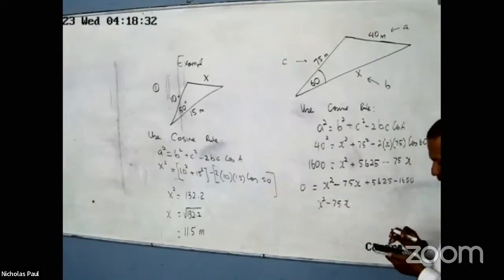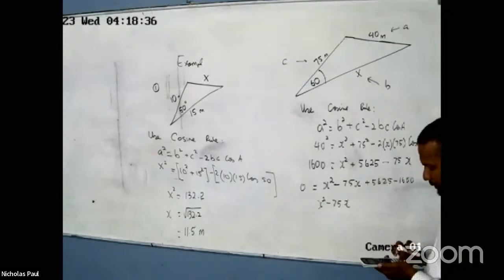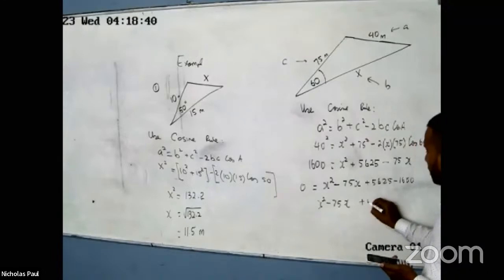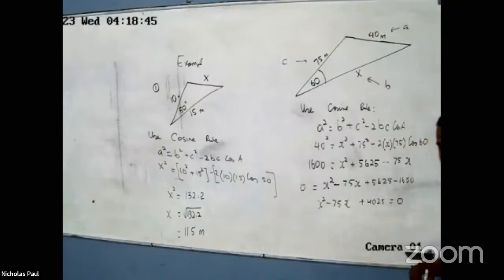So what we have here is x squared minus 75x. How much is 5625 minus 1600? I got 4025 equal to 0. Now you have to go to the calculator and solve this, or you use the formula for quadratic, right?